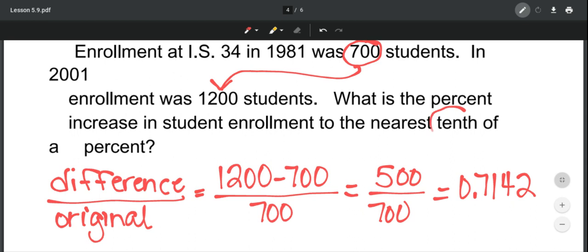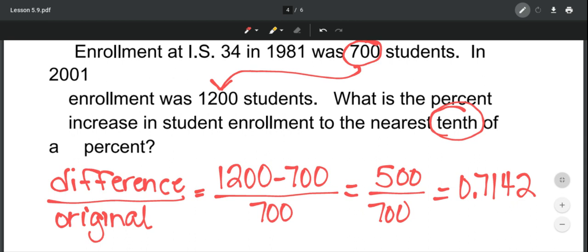Now, because I want to round to the nearest tenth, I want 4 decimal places because after changing it into a percent, I would need that 4th decimal place value in order to determine whether that 4 in the 10th place will increase or stay the same.